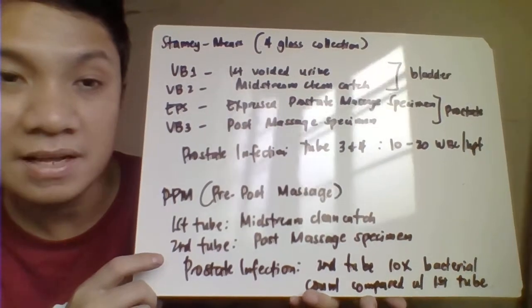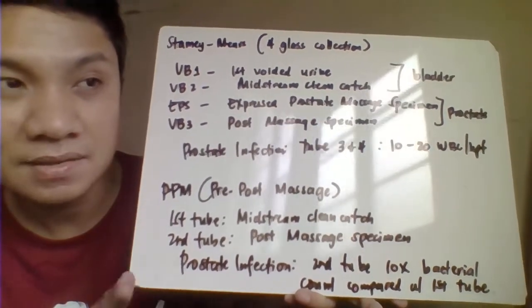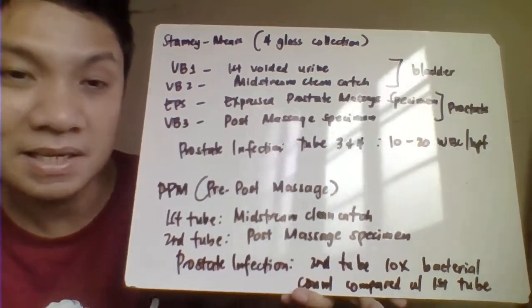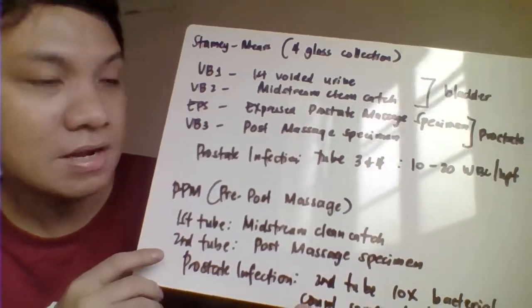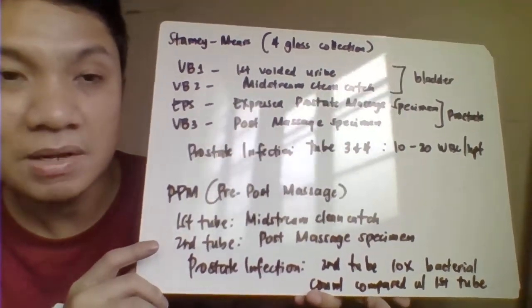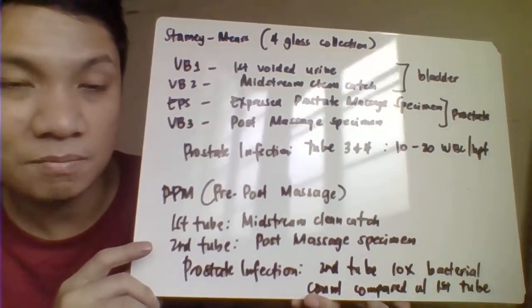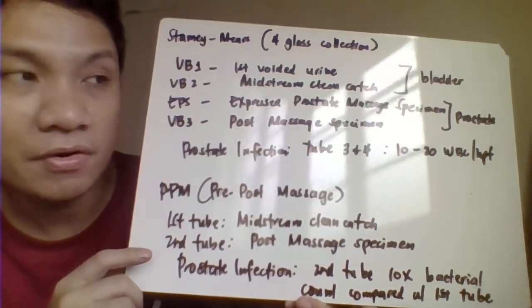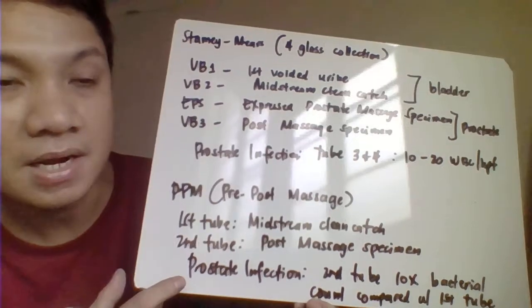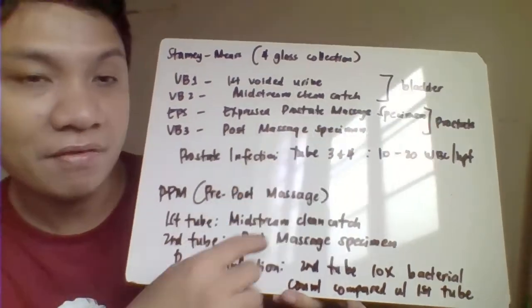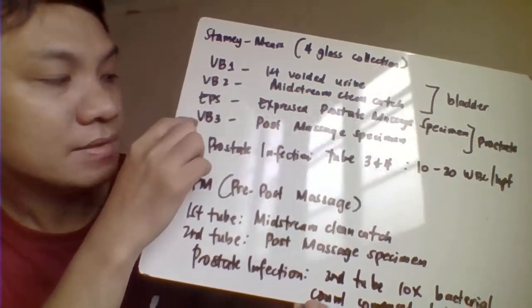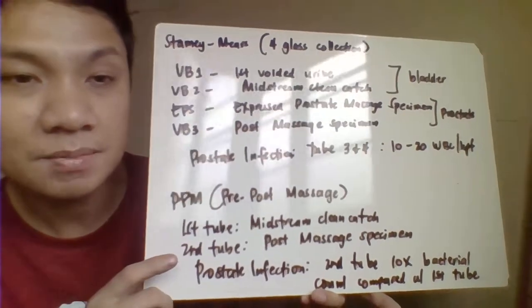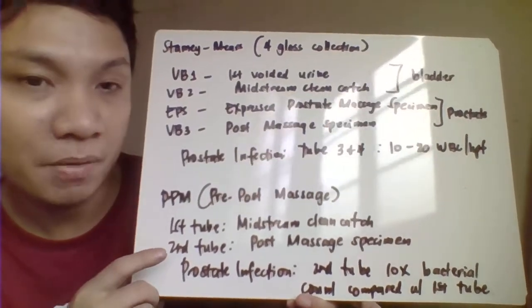This is being collected while the prostate of the patient is being massaged. And we also have the VB3, a specimen collected after the prostate massage. Your VB1 and VB2 represent the specimen for your bladder infection, and your EPS and VB3 represent the specimen from your prostate.